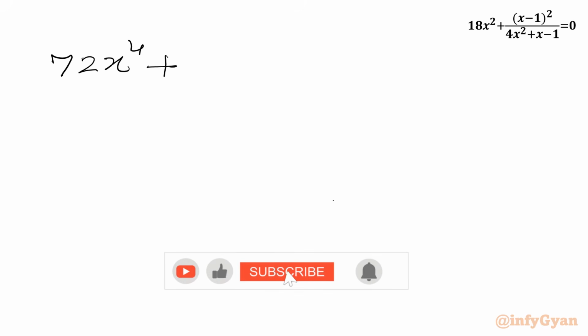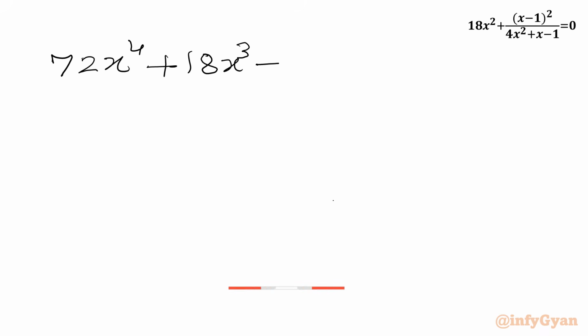So we will write 72x⁴ + 18x³ − 17x² − 2x + 1 equal to 0.